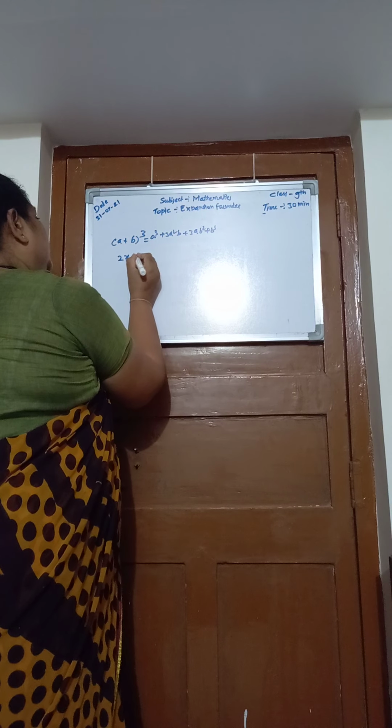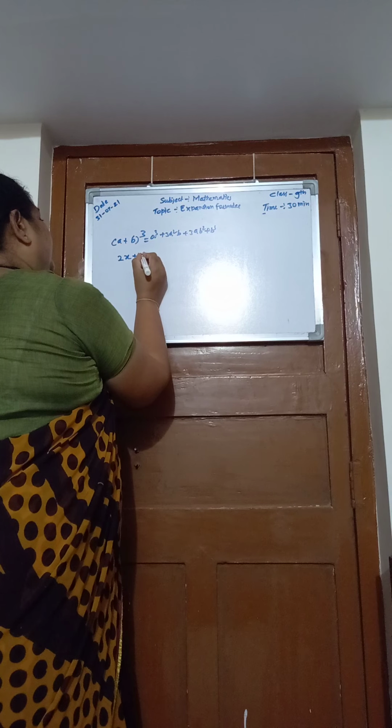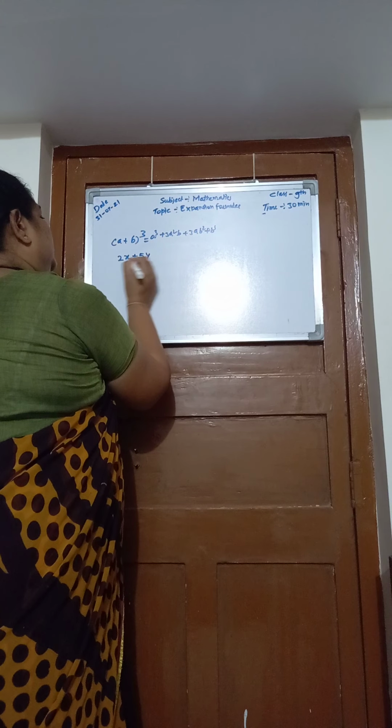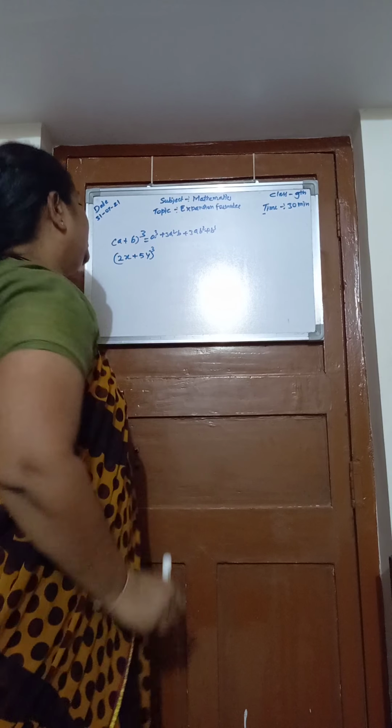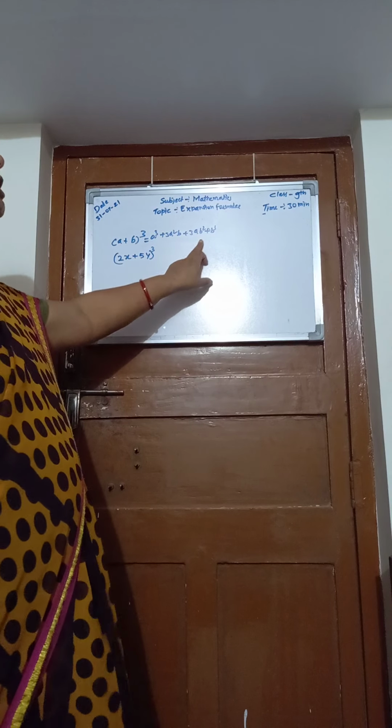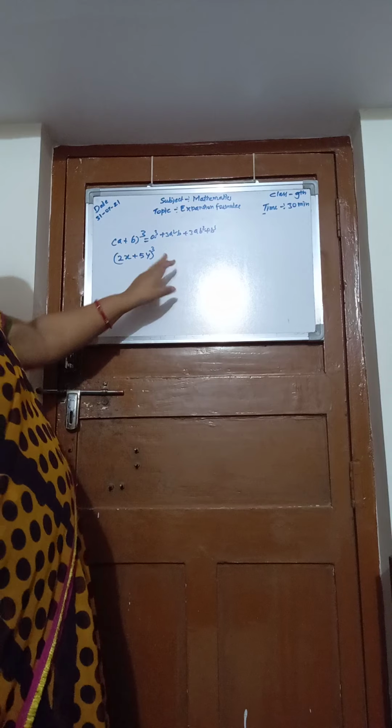(2x plus 5y), you have to calculate the cube of this. You have to use this formula, and then calculate it.